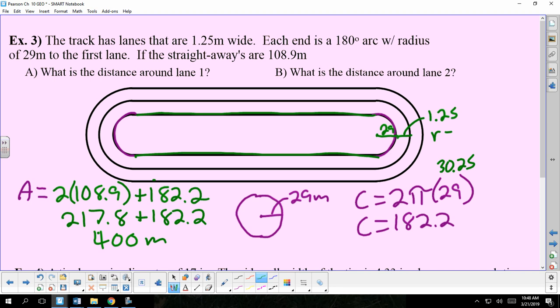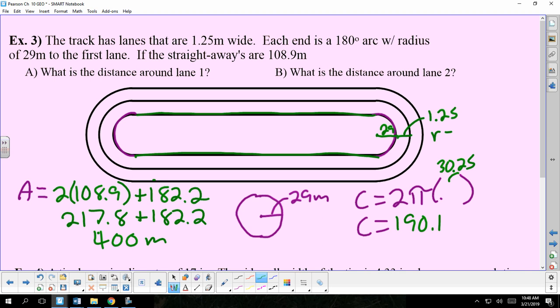Then we add that to the 2 straightaways. Let's plug these in. I get 2 times 30.25 times pi, which is 190.1.